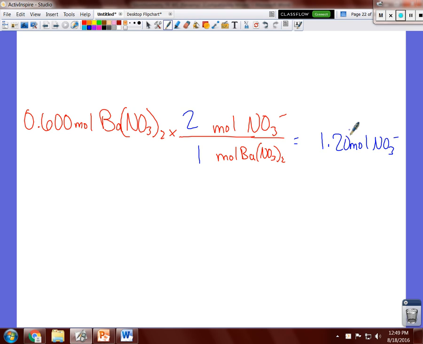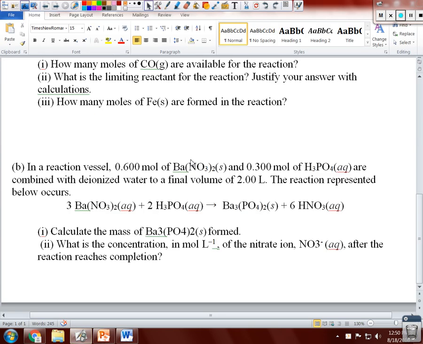And this is why I love this question being last, because it catapults us into tomorrow. The question is not how many moles of nitrate remain. It says what is the concentration in moles per what? Liter. So my question is, do you have a mole value? Do you have a liter value? Now read right here.